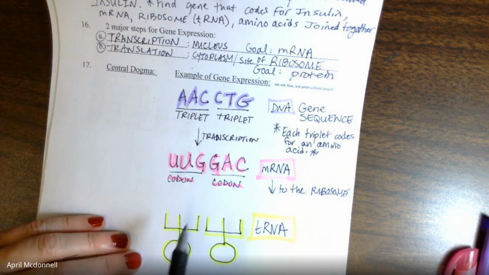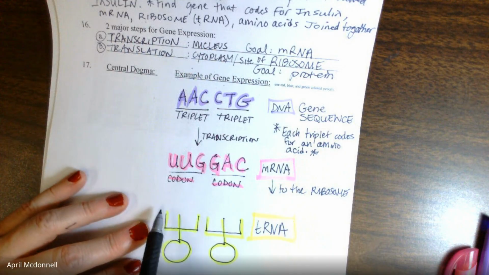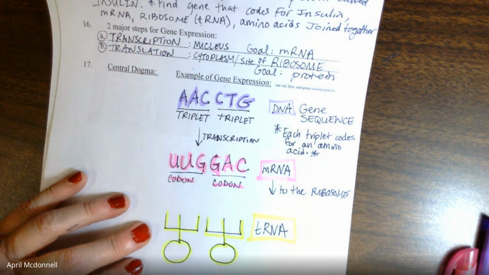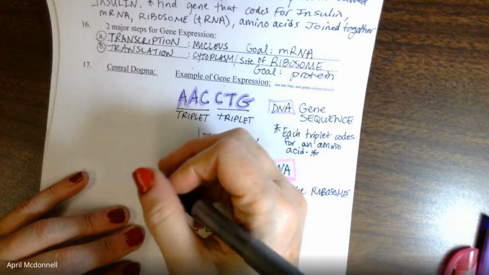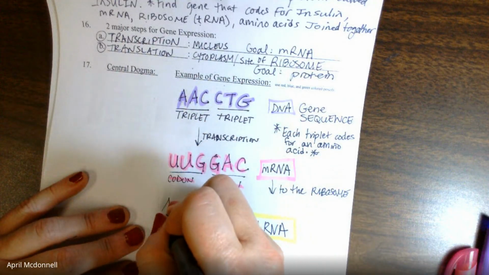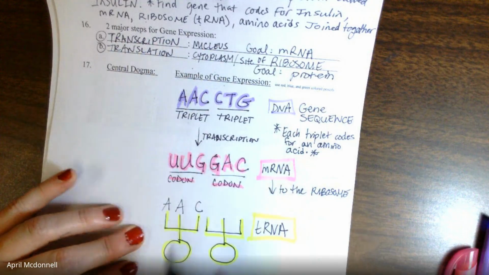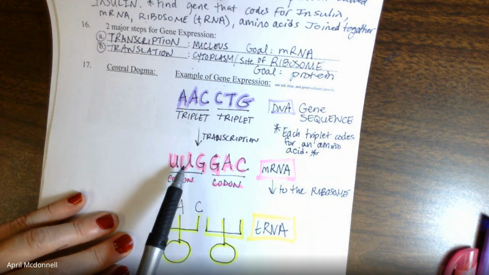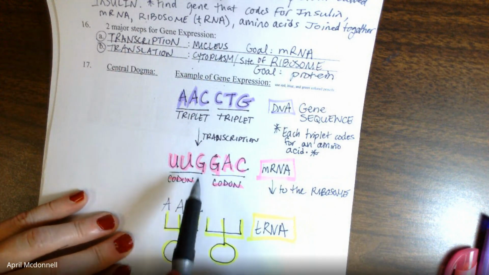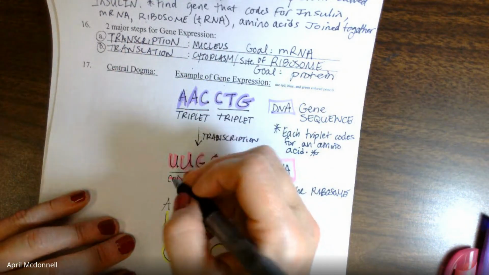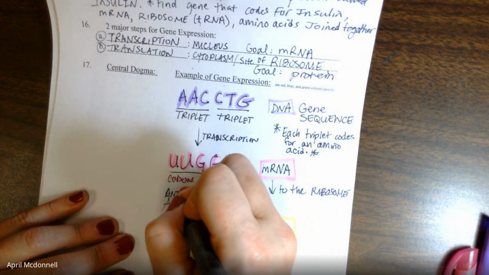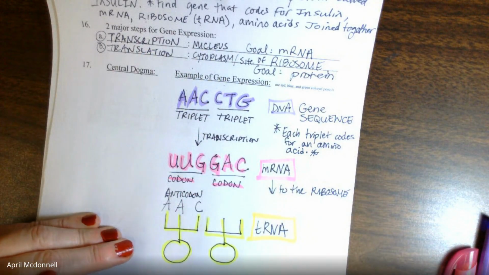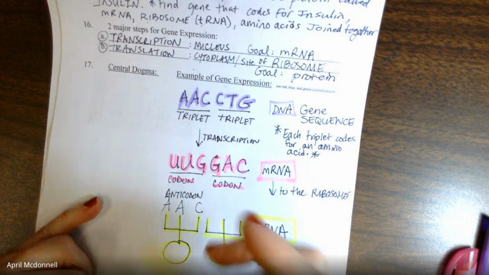At one end of the transfer RNA molecule is a sequence of 3 nucleotides, which will be complementary to the messenger RNA. So this one is going to be A, C, because A is complementary to U, A is complementary to U, and C is complementary to G. We call this sequence of 3 nucleotides found on a tRNA molecule an anticodon.